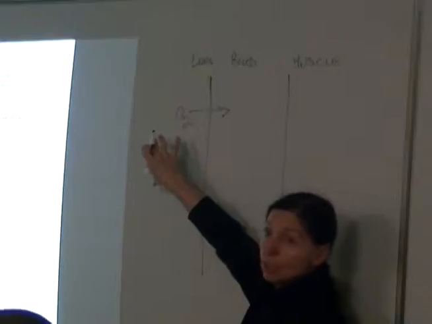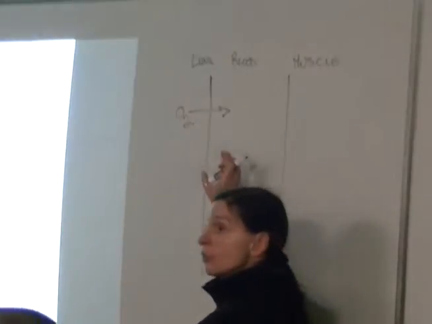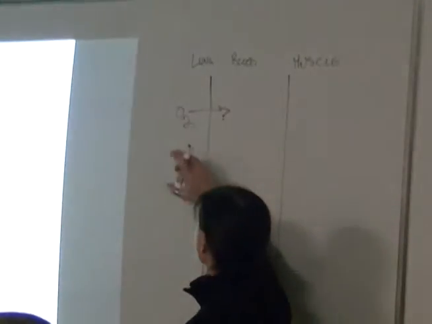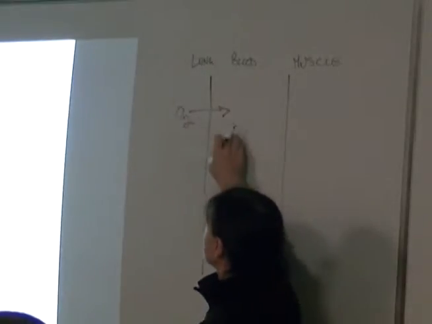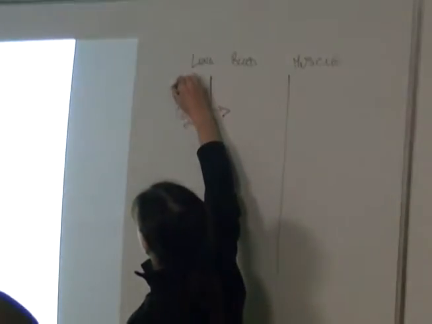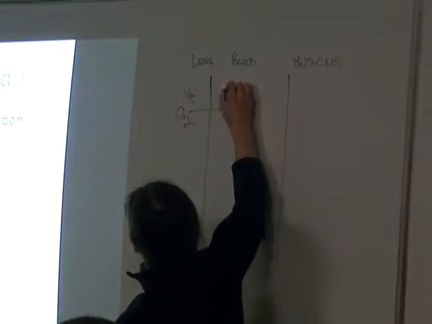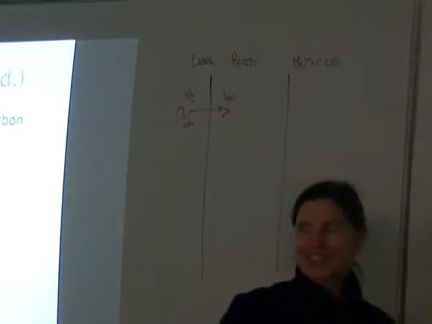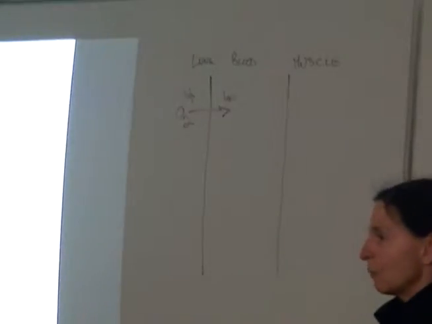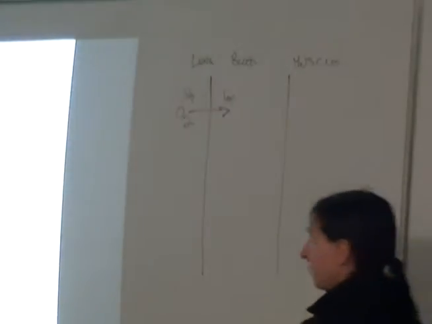Alright, so if I want to move oxygen out of the lung into the bloodstream, I have to have a pressure gradient high to low. Does everybody understand? Right?